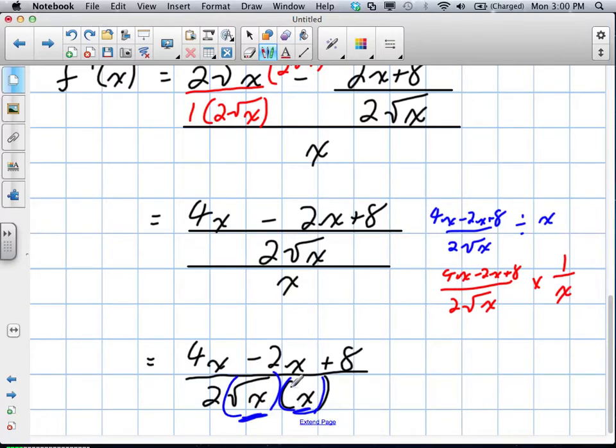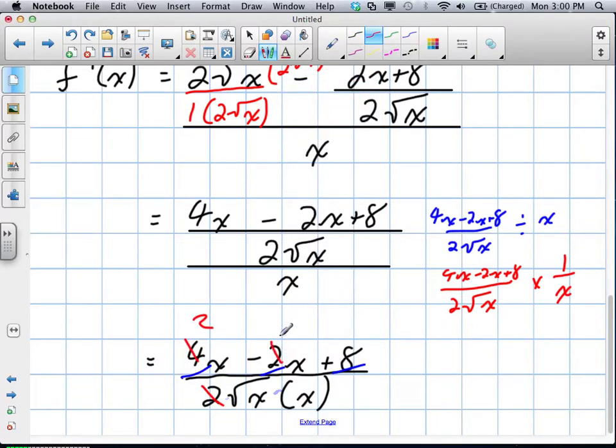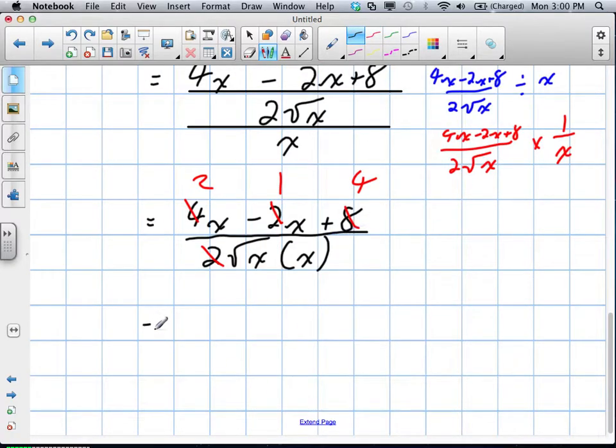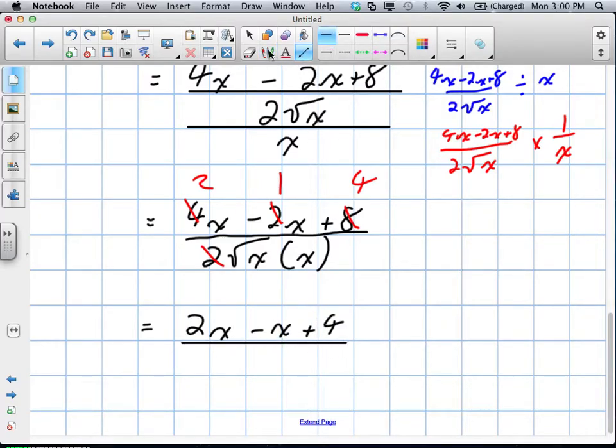So there's not much we can do there. But this 2 on the bottom, because it's multiplied, I can divide each of the terms on top by the 2 on the bottom. So this will become a 2, this will become a 1, and this will become a 4. We'll then be left with 2x minus x plus 4 all above x times root x.